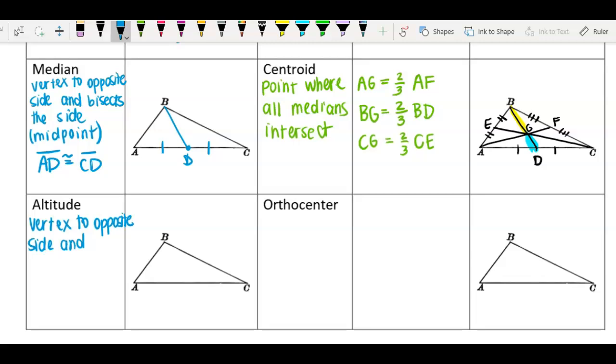So vertex to opposite side, and let's just do our upside down T. Actually, I'm going to write it out so you just remember: perpendicular to side. So it doesn't matter that it doesn't bisect the opposite side like the median does.